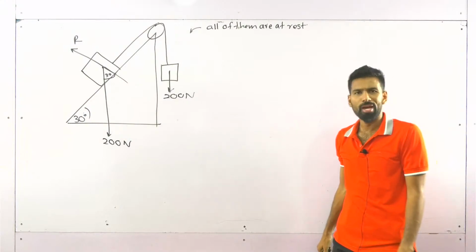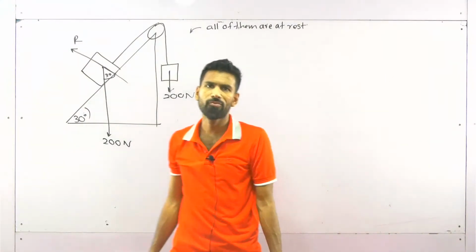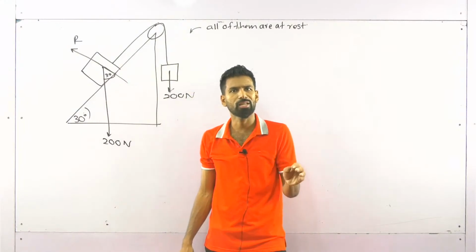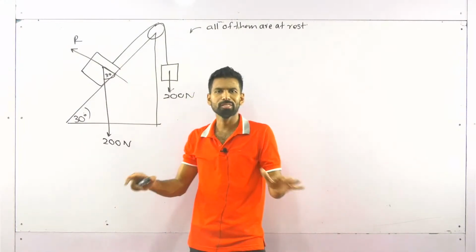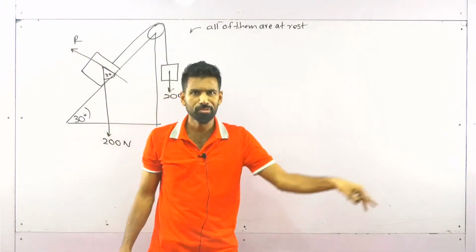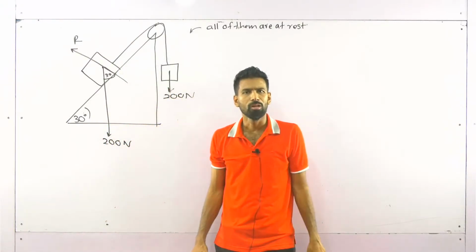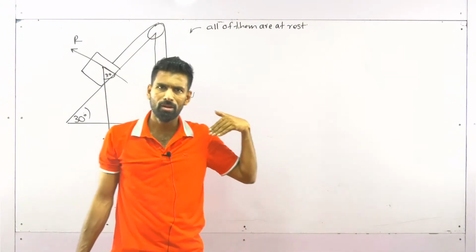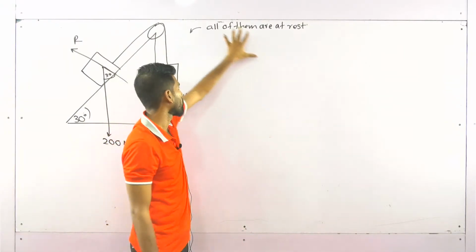Why? These two masses are connected by a string. If one is at rest, the other is also at rest. They say one object is at rest, which means this complete system is at rest. Why? It's connected with an inextensible string, so if one is moving, the other one also has to move from the other end of the string. So if one is at rest, all the system is at rest.